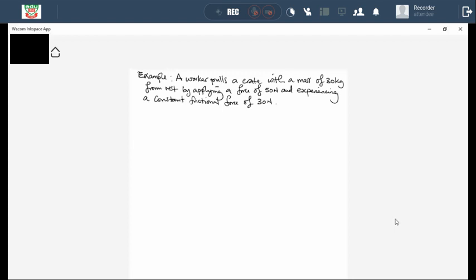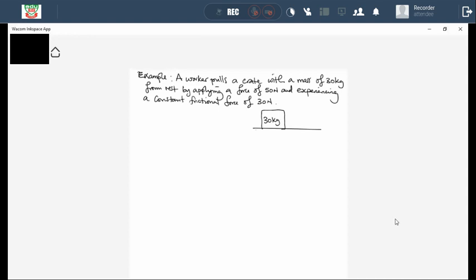So the diagram, we need the diagram quickly here. So we are having our ground here. I'm going to draw a very small diagram because of space. So we have the crate, which is slightly big, and this crate, they said, is 30 kilograms.